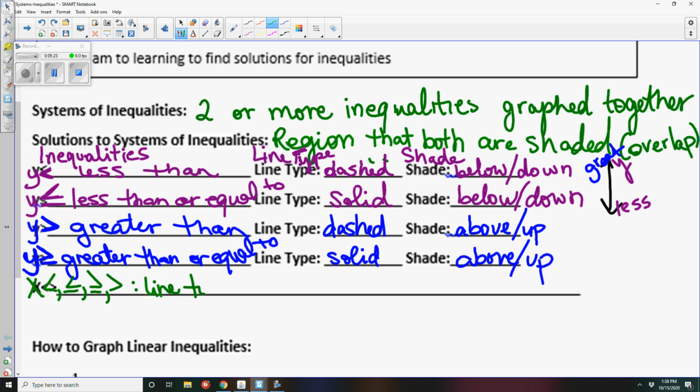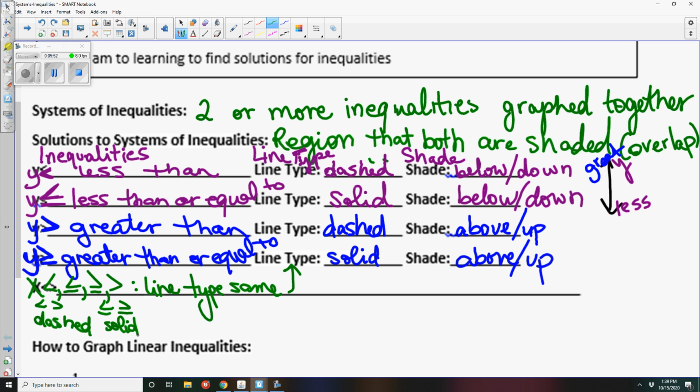So if it's less than or greater than, it's going to be dashed. And if it's less than or equal to or greater than or equal to, it's going to be solid. So that part doesn't change. We still use the same line type we would use for y. If it equals to it, solid. If it doesn't equal to it, dashed.